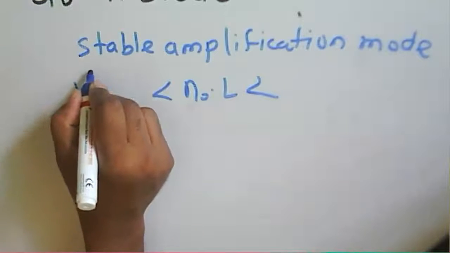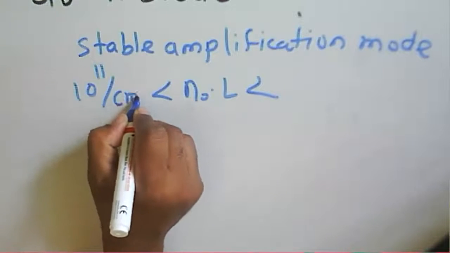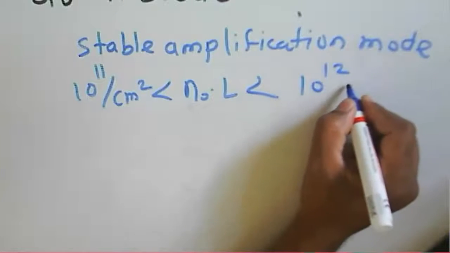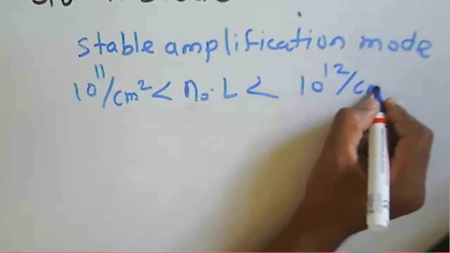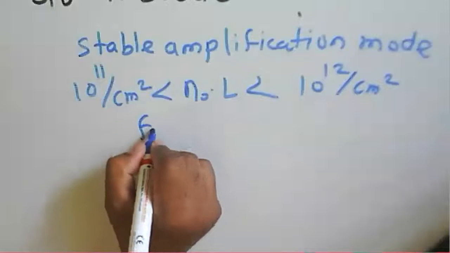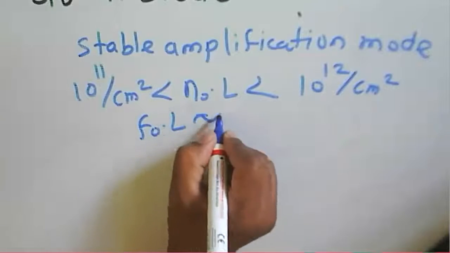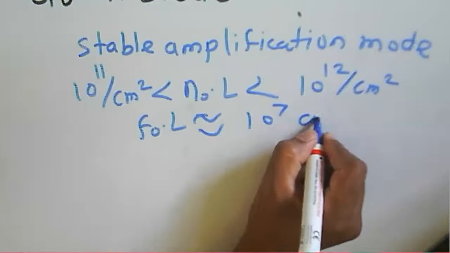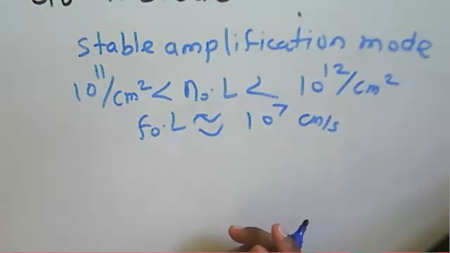That is about 10 to the power 11 per centimeter square to 10 to the power 12 per centimeter square, and f0 times L is approximately equal to 10 to the power 7 centimeter per second.